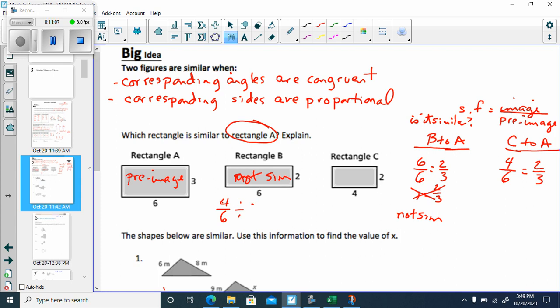Let's divide that by 2/2. And when I reduce it, I've got 2/3. Is 2/3 equal to 2/3? Yes, it is. So this one is similar to rectangle A, okay? Why? Because the sides are proportional.